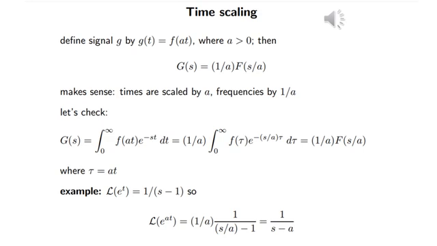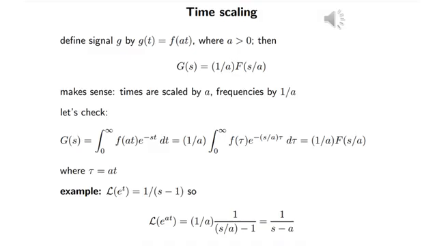So without doing any type of integration, we may reach the result that, as an example, we have e^t as 1 over s minus 1. So the function in the time domain is going to change into the Laplace domain as 1 over s minus a. Let's say if we have e^(alpha t) in place of e^t, then we can use this time scaling property to get the answer of the Laplace transform.